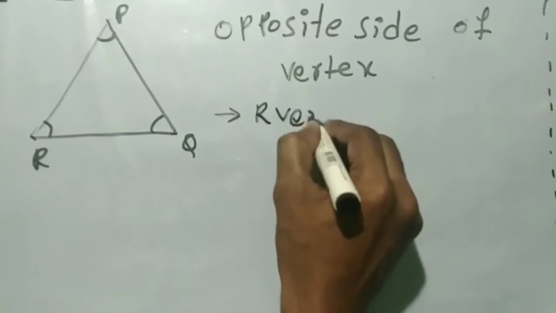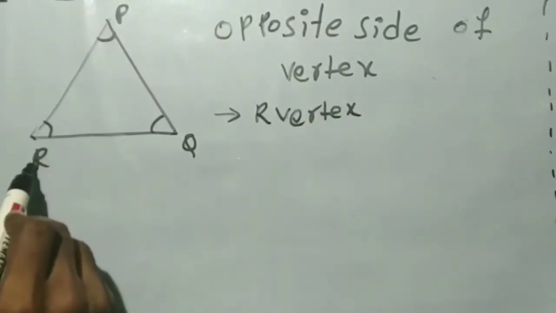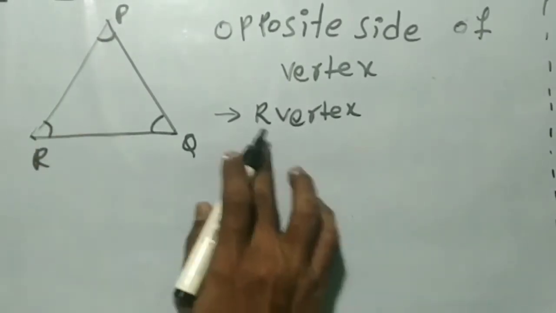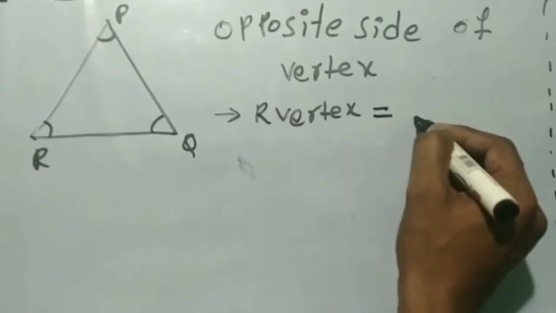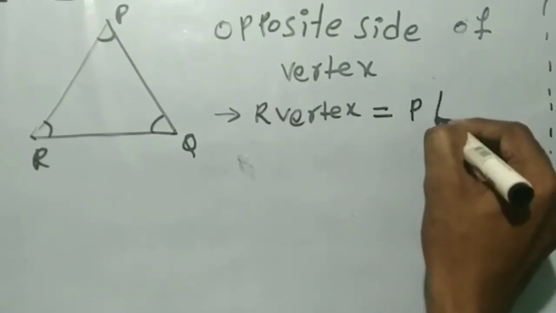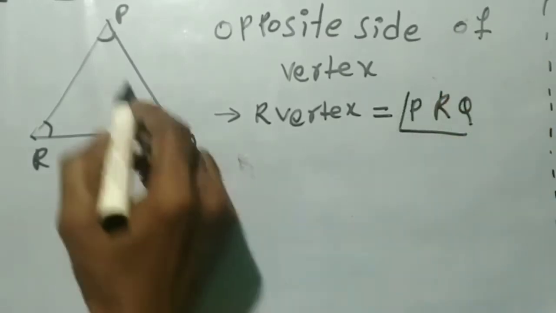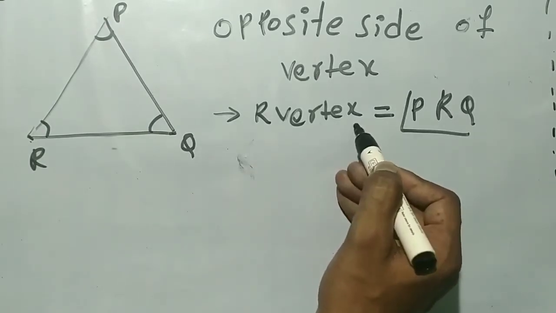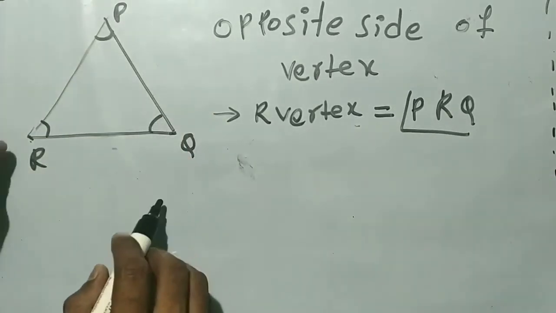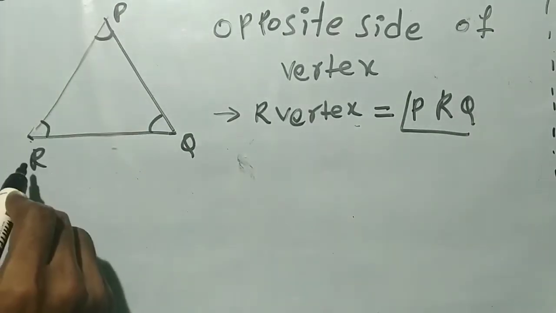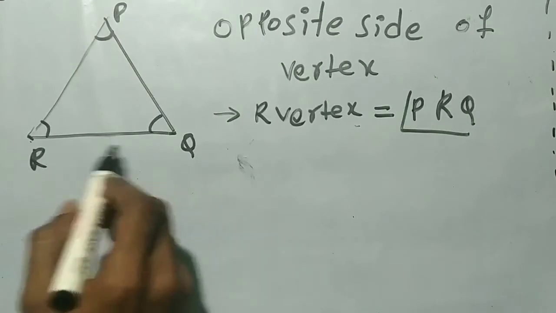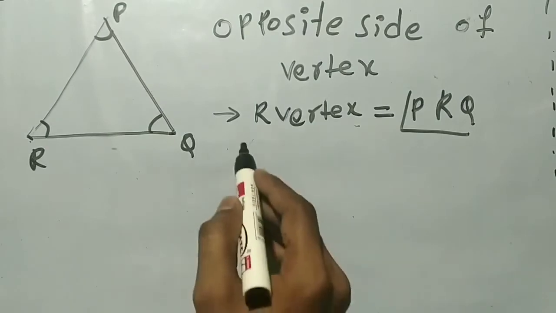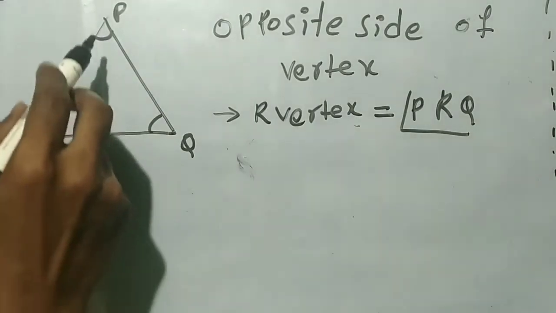When the R vertex is taken, R is opposite to PQ. The angle at vertex R is angle PRQ, which is opposite to PQ. Angle R is opposite to PQ.